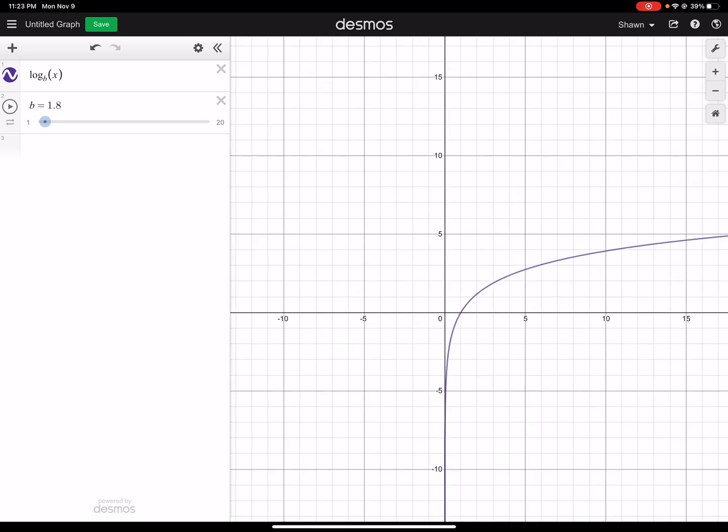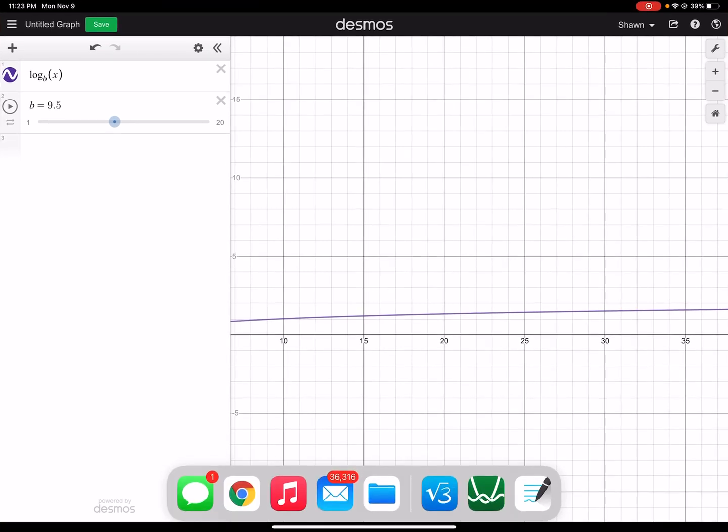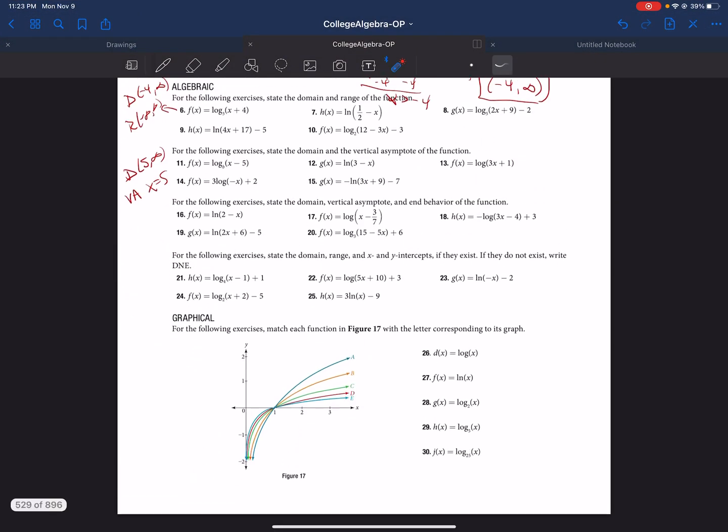So here is what we have. As the number gets bigger in the base, so the base is now 2.3, now the base is 3.2. Notice the function gets sharper, meaning that it grows slower, seemingly, as x gets more positive. And so the higher numbers would correspond to a lower graph out on the right-hand side. What I mean by that is the following.